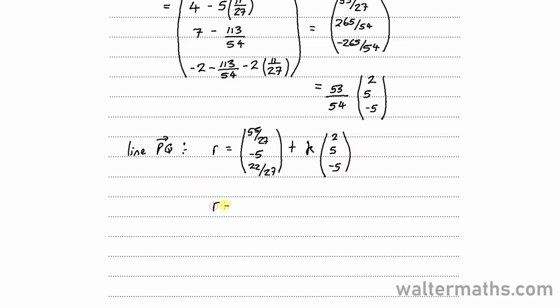Now we can write it better still: we can factor out 1 over 27 and have 55 and minus 135 and 22 here. And it's plus K of 2, 5, minus 5. And what we have here is the vector equation of the line PQ. And that's it for this question here.